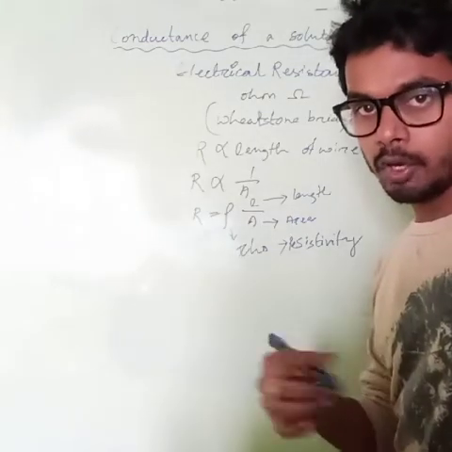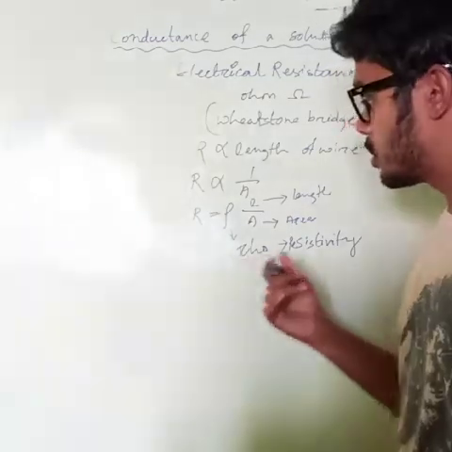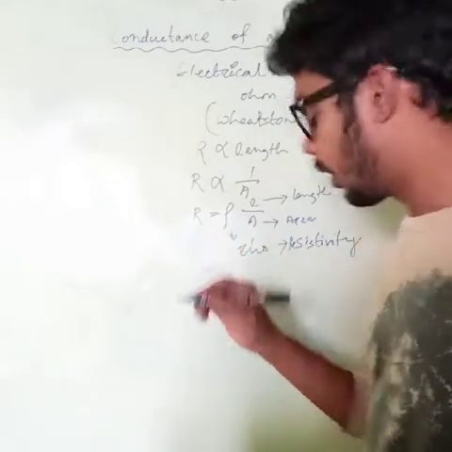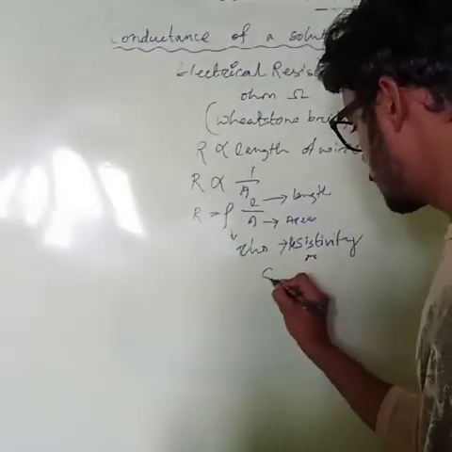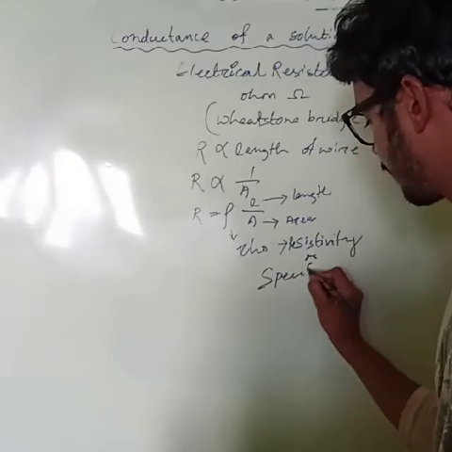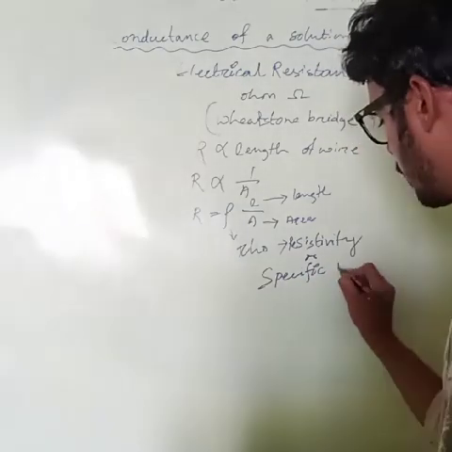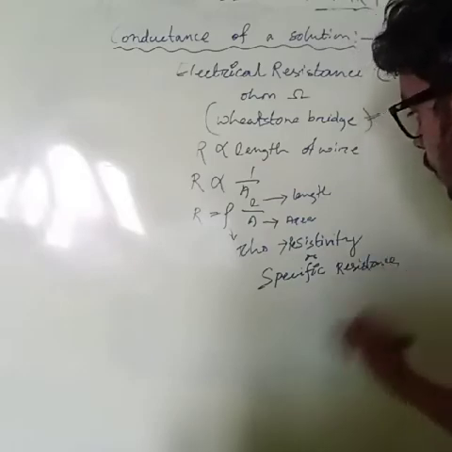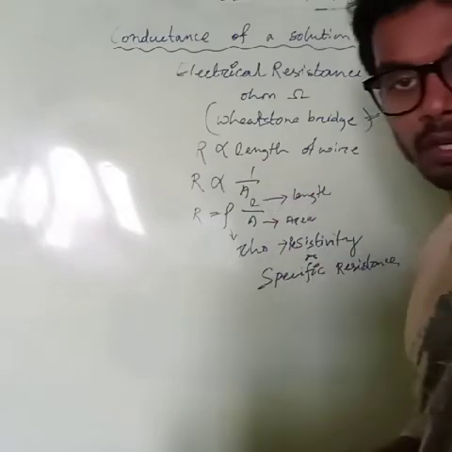So now onwards we will talk about resistivity. Resistivity is rho, and this is also known as specific resistance.